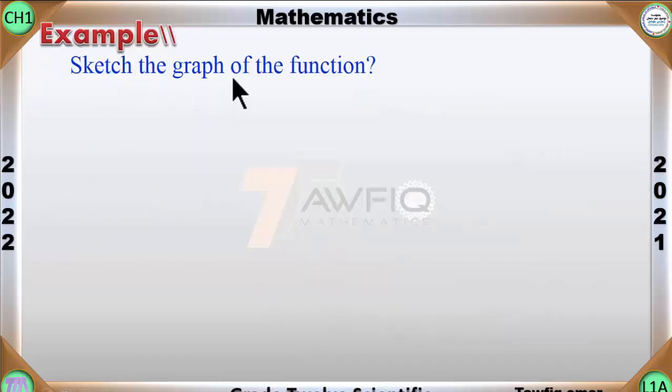Sketch the graph of the function f(x) equals minus the absolute value of x plus 1.